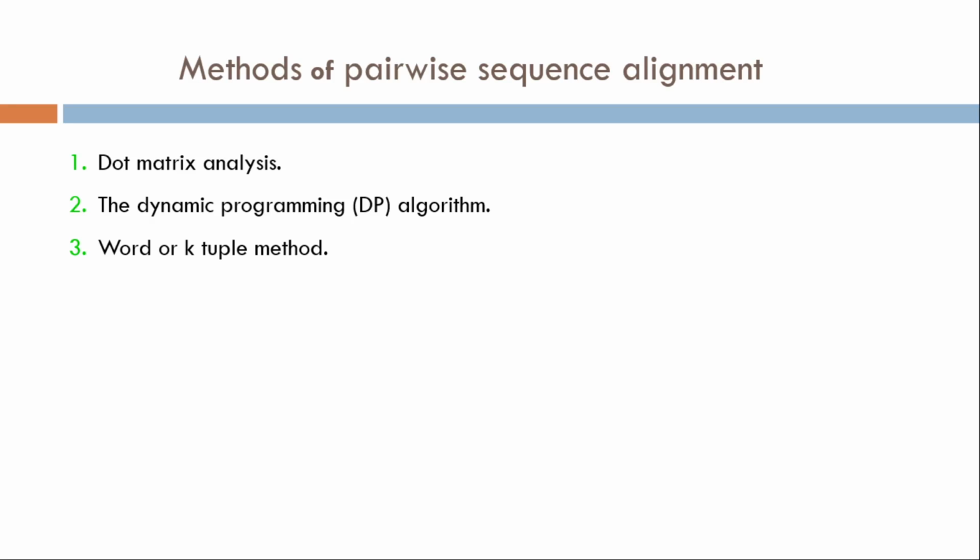If you are using the Needleman-Wunsch algorithm or Smith-Waterman algorithm, whether you go for global alignment or local alignment, how many times do you have to repeat it? You have to make the alignment 6 lakh times.